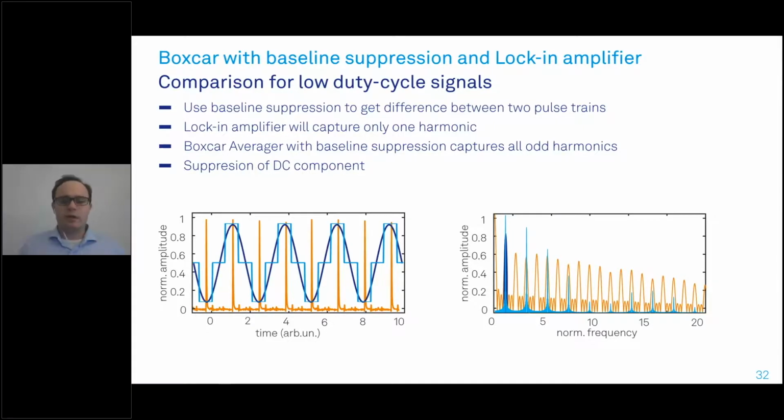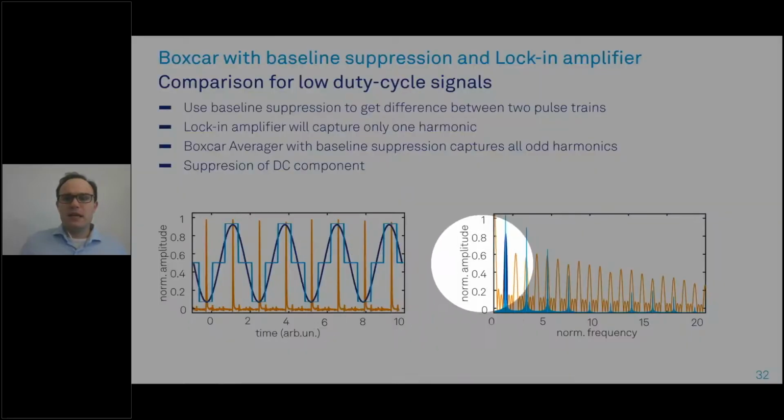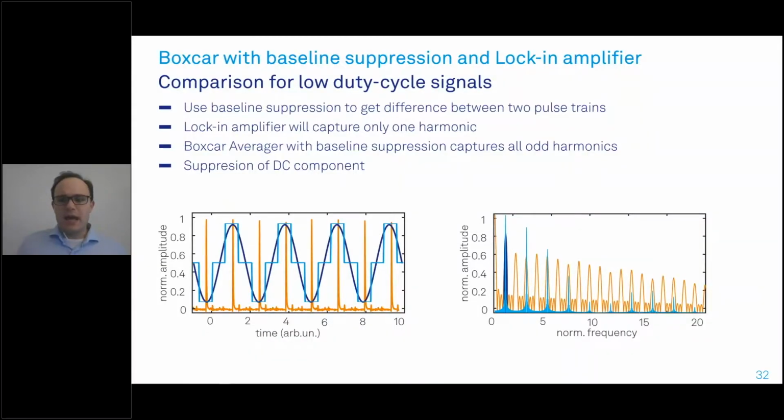And this we do over and over again and average over those. And this has the big advantage that on the right-hand side in the frequency, the DC component drops out. And remember, at the very beginning, we saw that the DC component has the highest noise. The higher harmonics typically have less noise because they are in the regime where we have less amplitude, less noise.